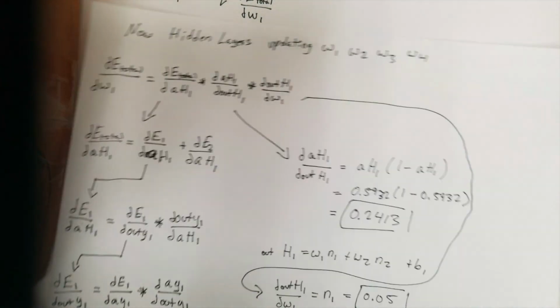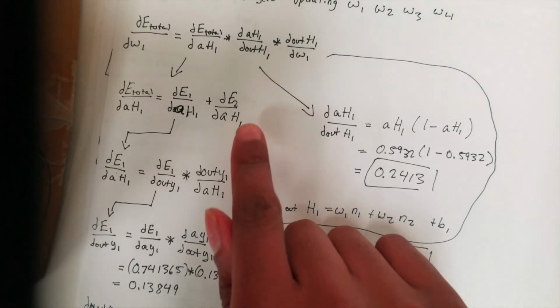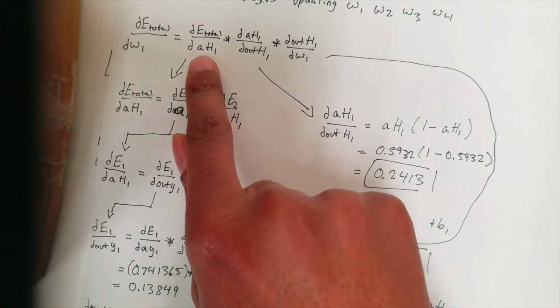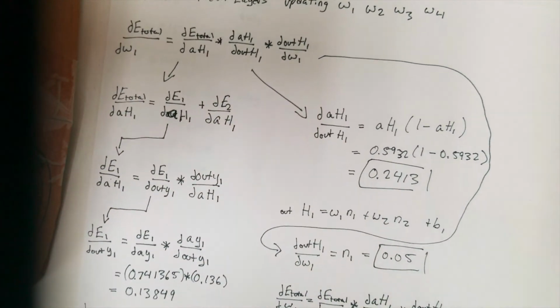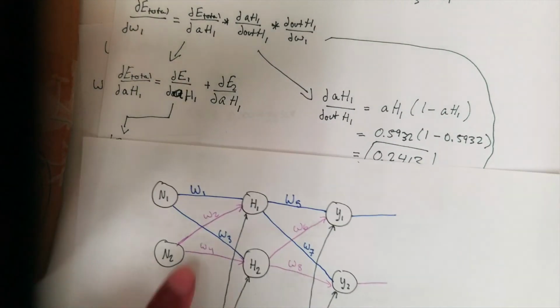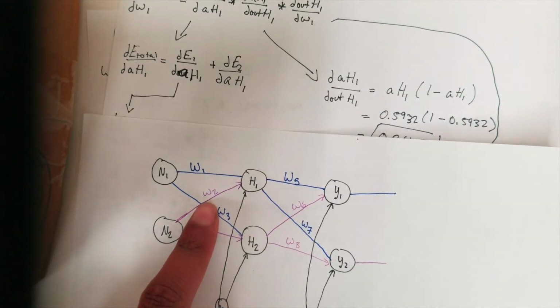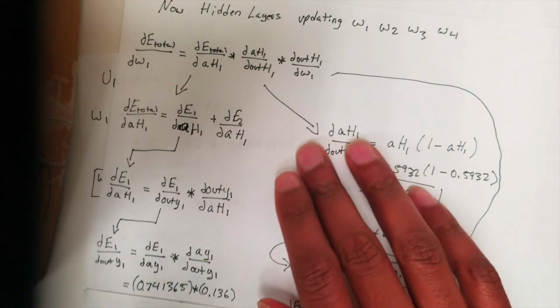You could see how a lot of our dirty work was done for us, because this right here is the contribution of H1 to the total error, which will be the same for weight 2. We'll need that for that one.